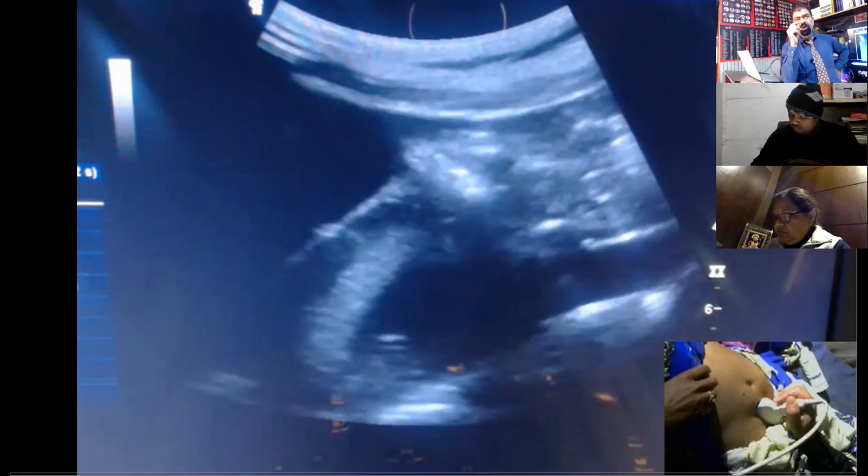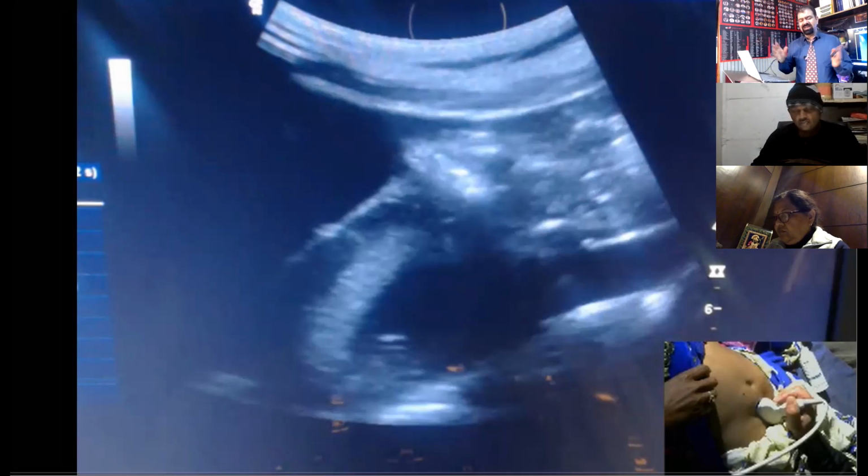And if it is below 80, it is abnormal. In between 80 and 100, it is borderline. And if the CRL is in between 5 and 9, the fetal heart should be more than 120. And if it is less than 100, it is abnormal. In between 100 and 120, it is again borderline.